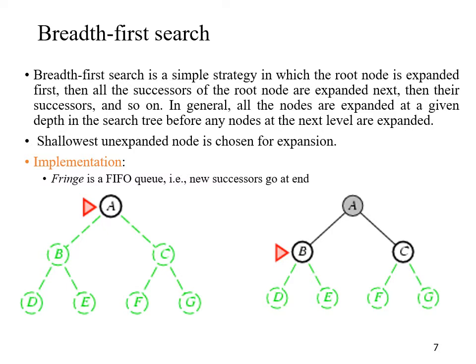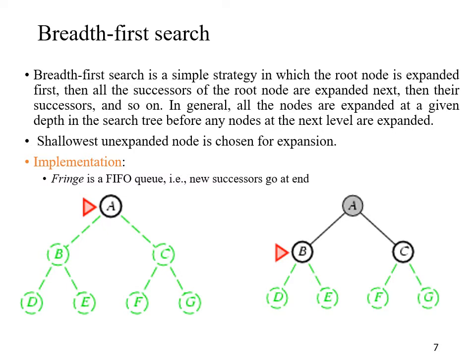So now I am going to discuss breadth first search first. Breadth first search is based on the queue and the first in first out concept. Breadth first search is a simple strategy in which the root node is expanded first. Then all the successors of the root node are expanded next, then their successors, and so on.